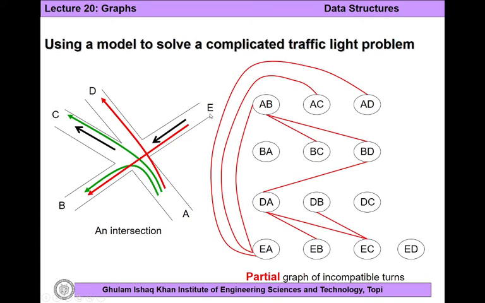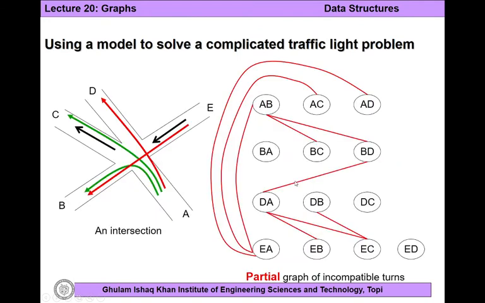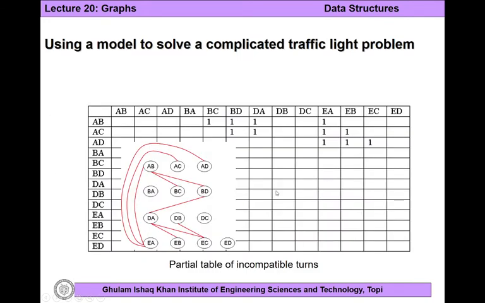Now so far, what we have done, we have converted this traffic signal problem to a graph, right? Now the next task is to store it in the adjacency list, which we can use very conveniently.